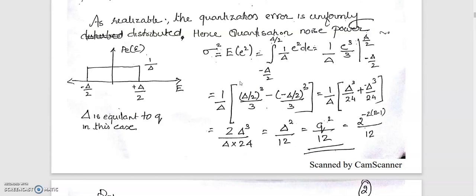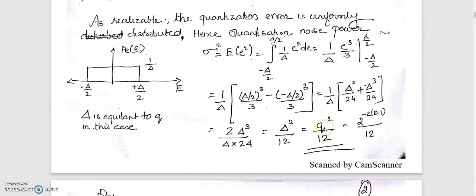So as we proceed, we can get this as 1 by delta times delta by 2 whole cube by 3 minus of minus delta by 2 whole cube by 3. The minus at the exterior and this minus will become plus. So it becomes delta cube by 24 plus delta cube by 24, making it 2 delta cube by delta into 24, which makes it delta square by 12.